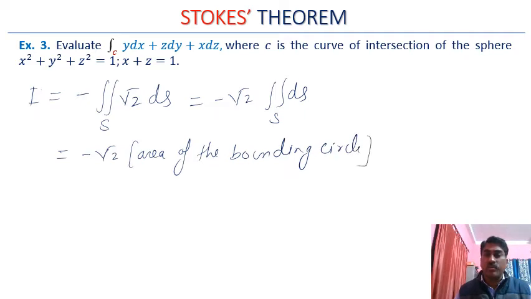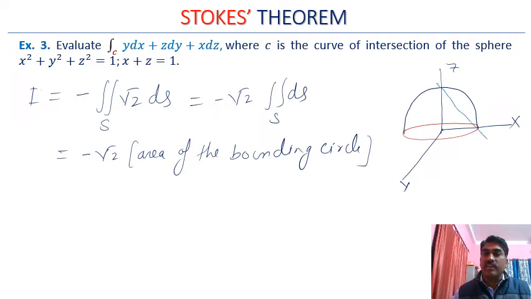And for your easier understanding, I am again drawing the same. So if this is the bounding curve, this is the sphere, this x axis, y axis, and z axis. So the plane x plus z is equal to 1 cuts the sphere in this way, and you will get a circle.